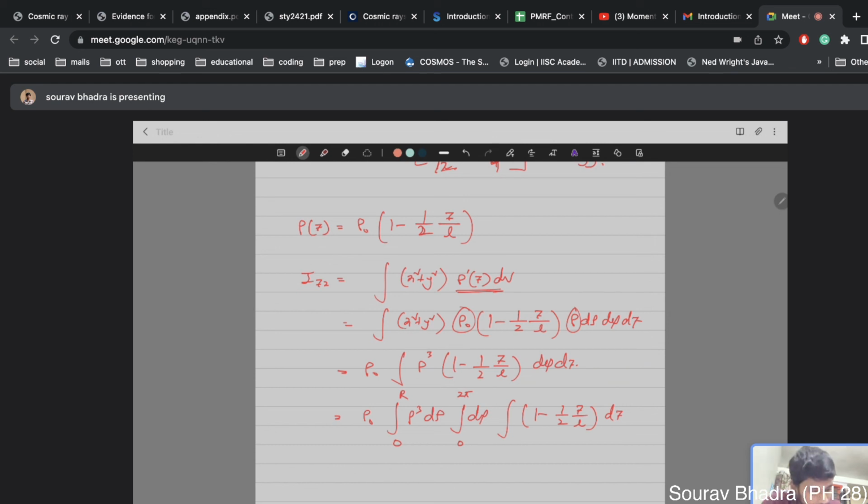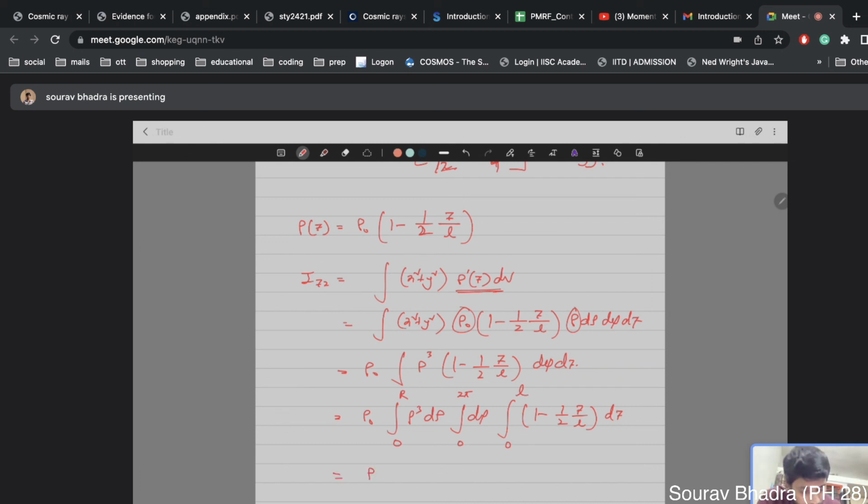Suppose we consider like that, then it will be 0 to L. If you consider from the midpoint, then it will be minus L by 2 to L by 2. Actually it has been taken from bottom to the top, so that is 0 to L.